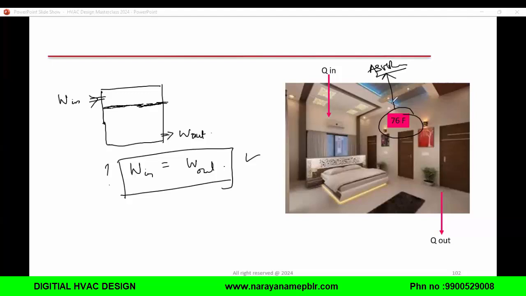Temperature is less, people are uncomfortable, right? So ASHRAE, American Society of Heating, Refrigeration and Air Conditioning, they are a governing body. They have given the standard temperature. Of course, there is a tolerance of 2 to 3 degrees, which comes around 25 degrees Celsius. So plus or minus 2 or 3 variation you can do.